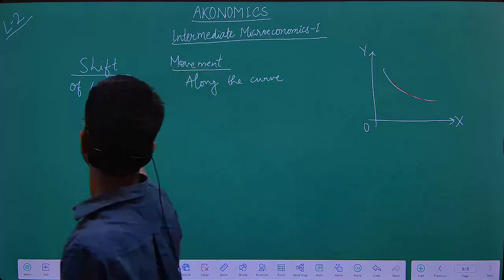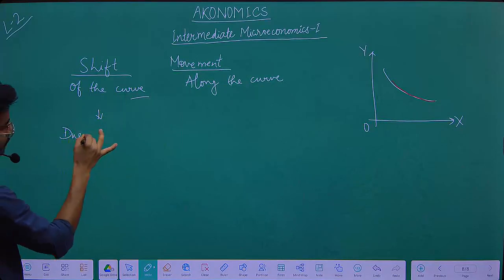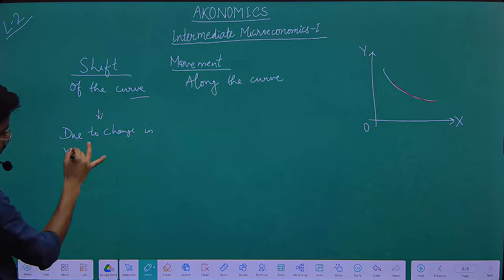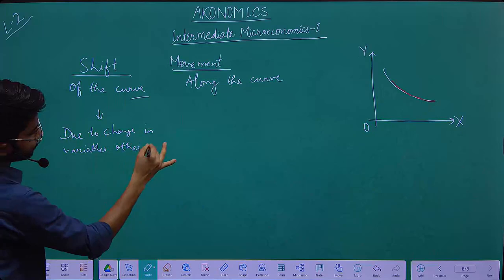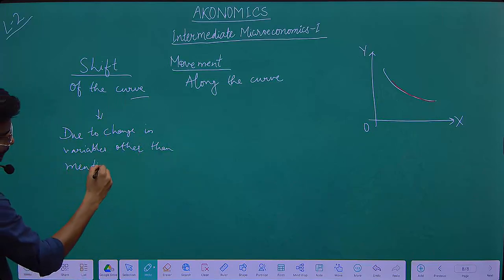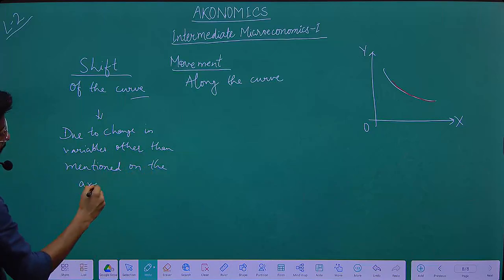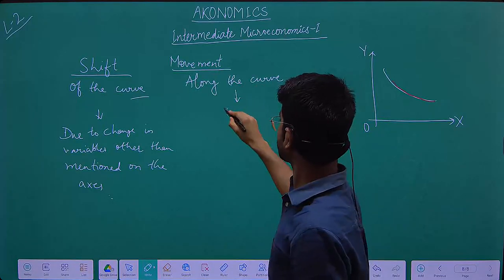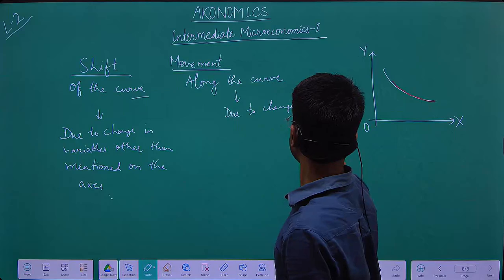So shifting always occurs due to change in variables other than those mentioned on the axis, while movement along the curve occurs due to change in either of the axis variables.